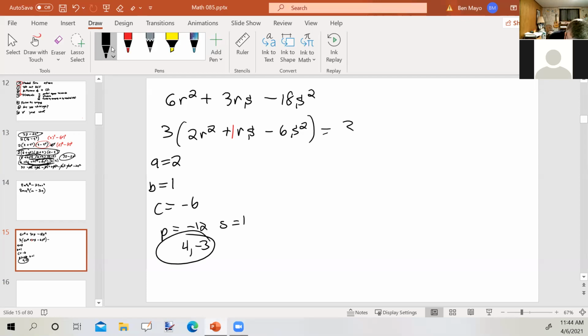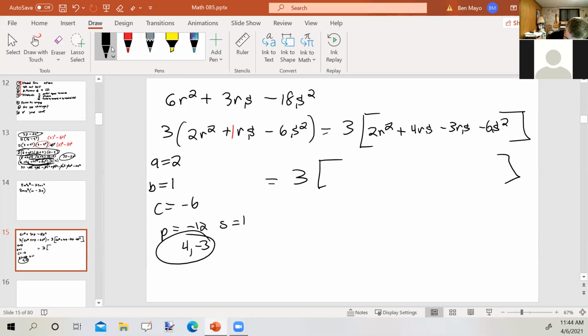So then this becomes 3 times 2r squared plus 4rs minus 3rs minus 6s squared, which is 3 times, let's see, we're going to use factoring by grouping there.